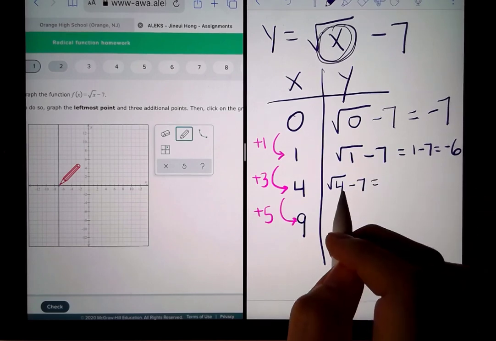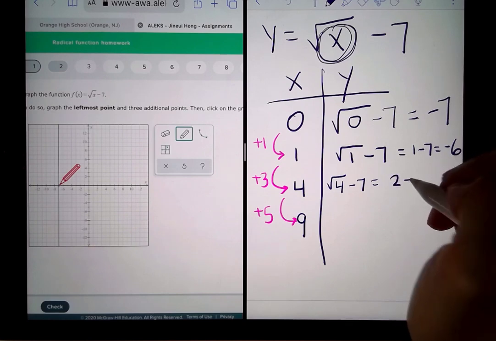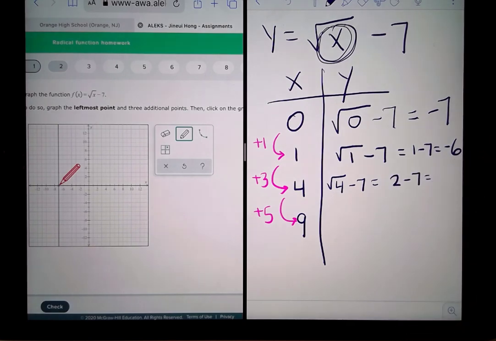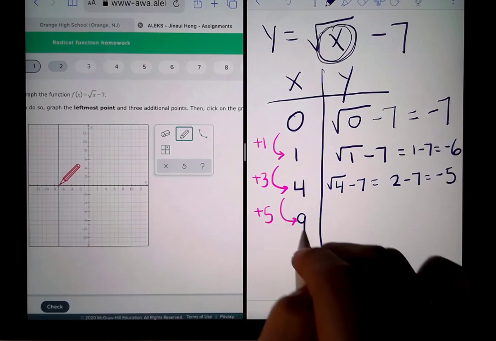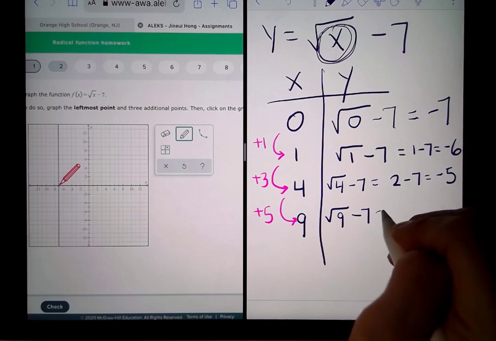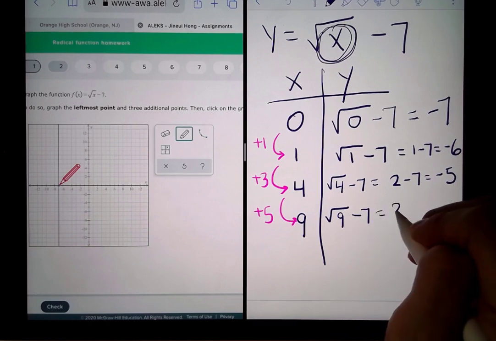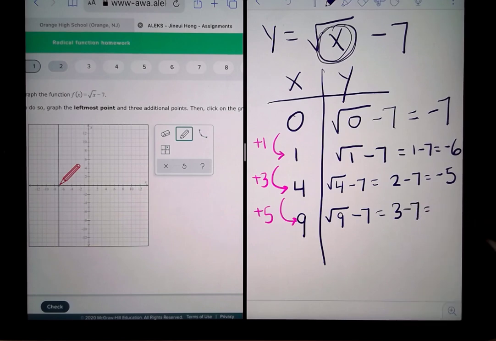Square root of 4 is 2, so 2 minus 7, you get negative 5. And 9, let's put 9. Then you get square root of 9 minus 7. What's square root of 9? 3. So 3 minus 7, it is negative 4.